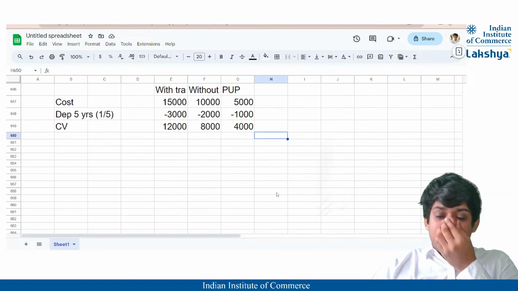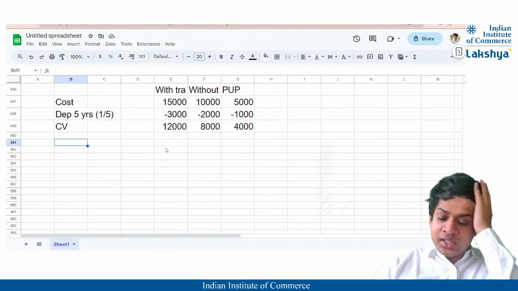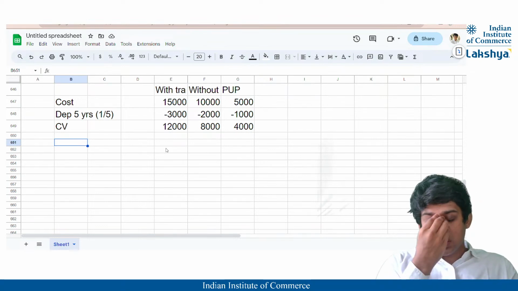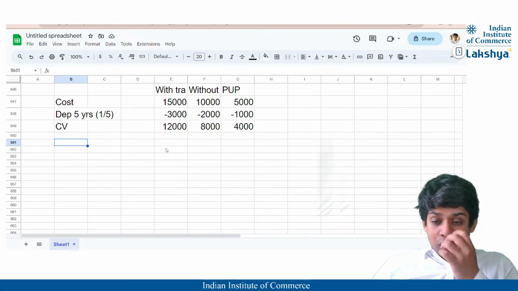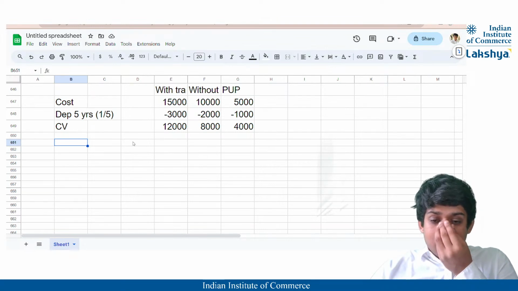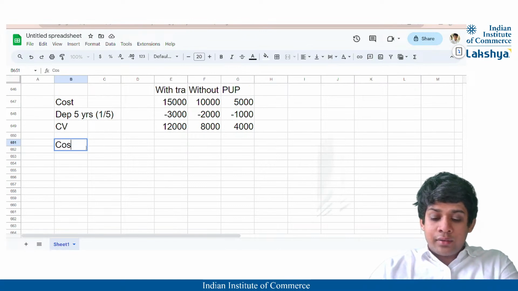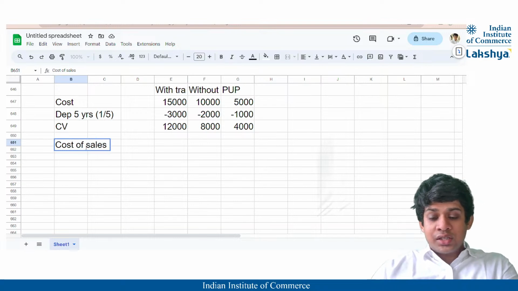Correct? Now, firstly, what is the adjustment made? We have understood the adjustment to be made in the consolidated statement of financial position. But what is the adjustment made to the consolidated statement of profit or loss? To the consolidated statement of profit or loss, firstly, the cost of sales that is there shall be adjusted.